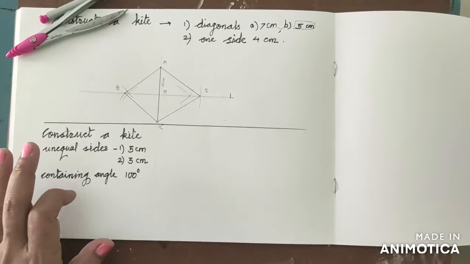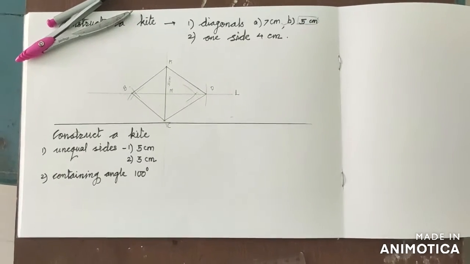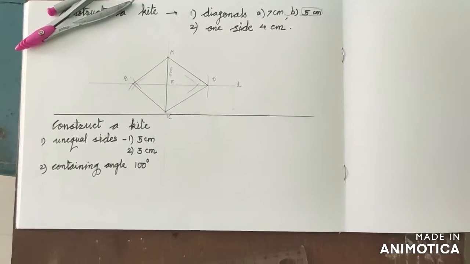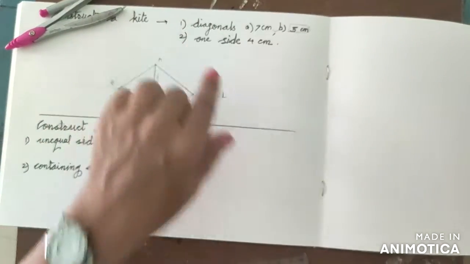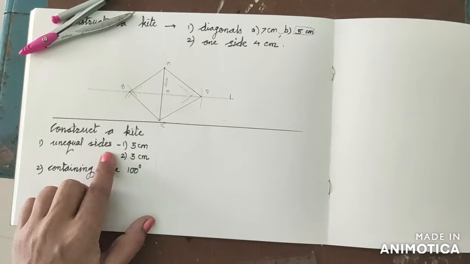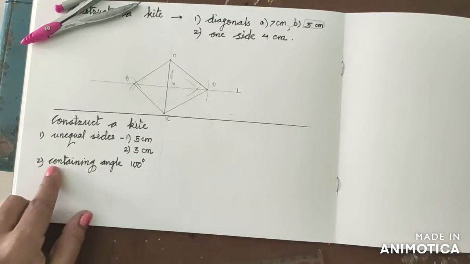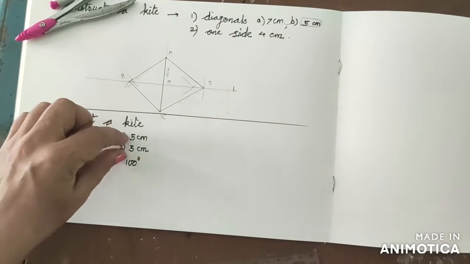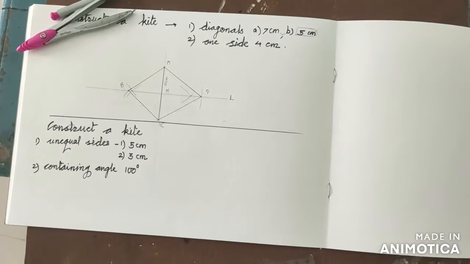Now watch the second question related to kite again. So two types of questions are related to kite here. The first one we already learnt, and in the second one, the unequal sides are given as 5 centimeter and 3 centimeter, and the adjacent sides contain a 100-degree angle.